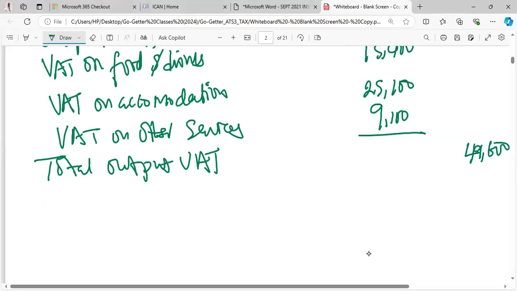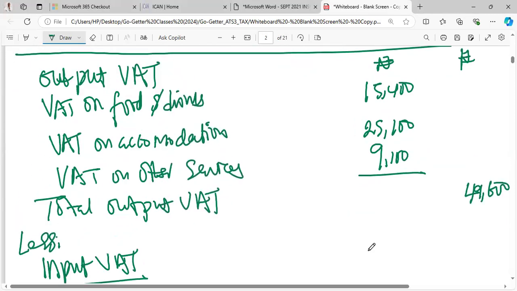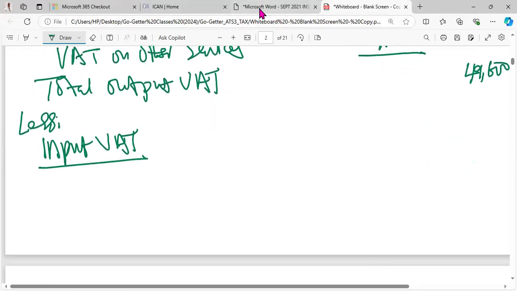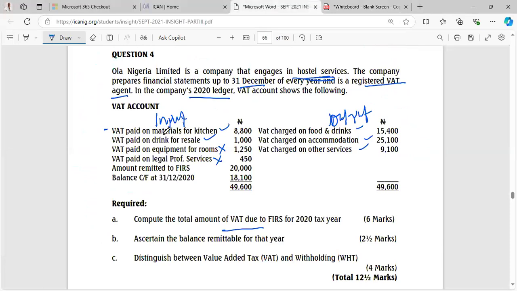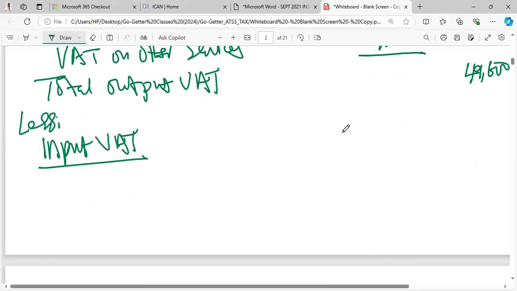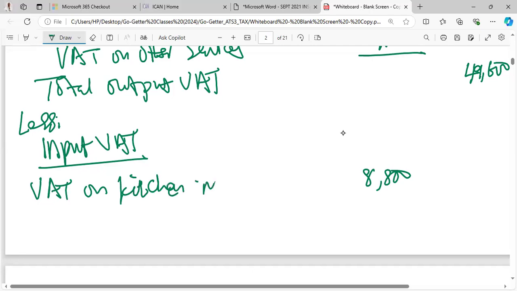Now I will say less input VAT. All these are outputs, so let's check the input VAT. Input VAT number one, VAT paid on materials for kitchen, 8,800. VAT on kitchen materials.